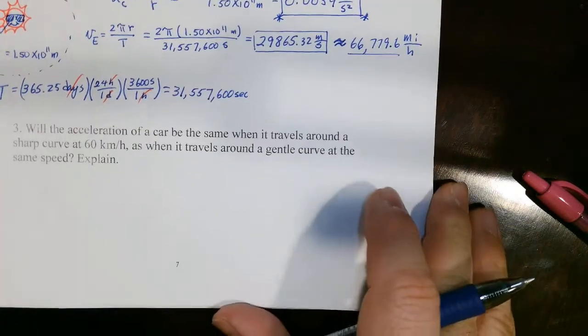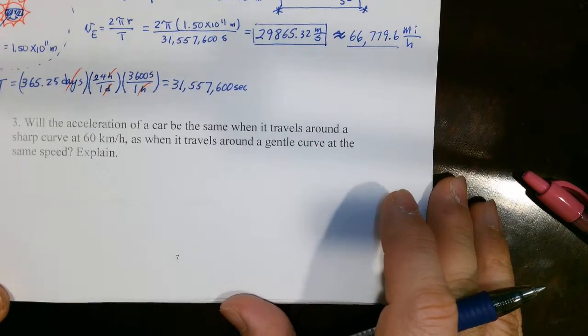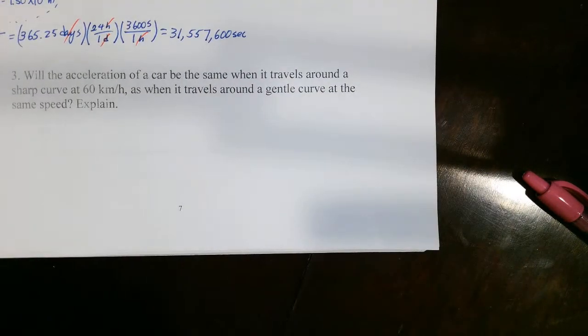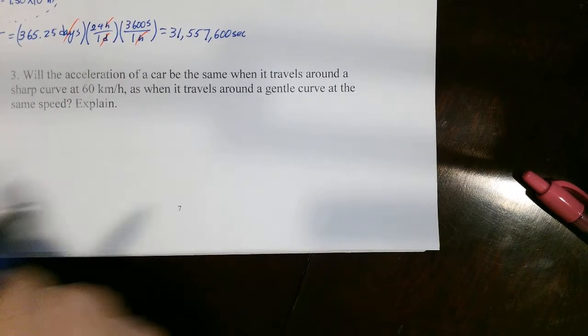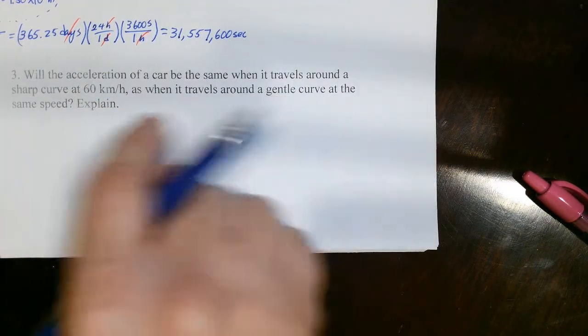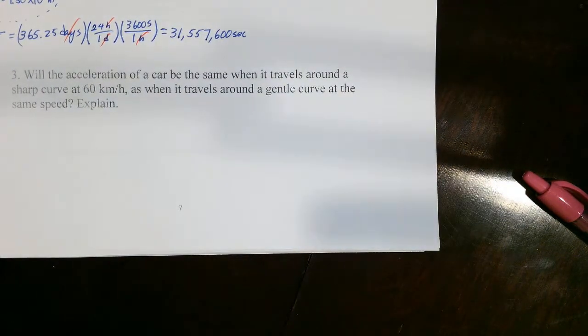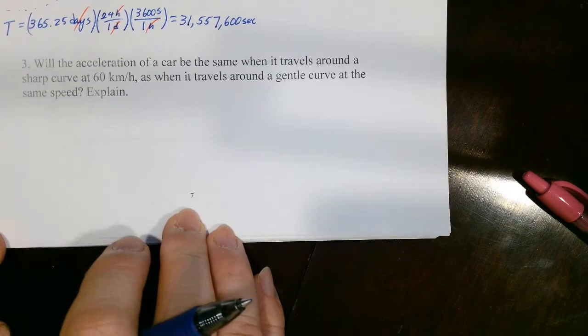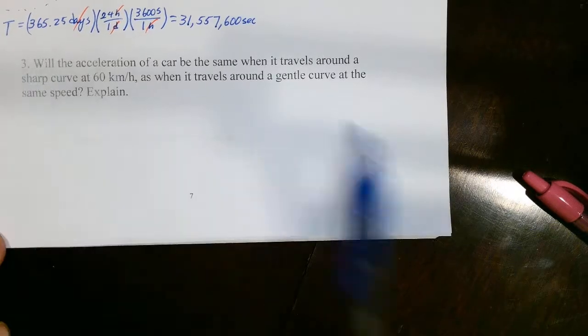Next. Will the acceleration of a car be the same when it travels around a sharp curve at 60 kilometers per hour as when it travels around a gentle curve at the same speed? Well, if you think about it, you could just do this analytically. You could think of a sharp curve.